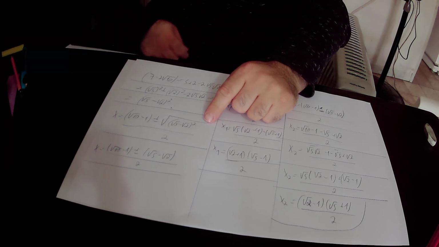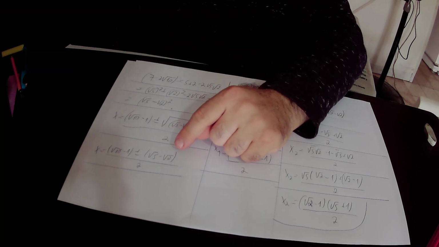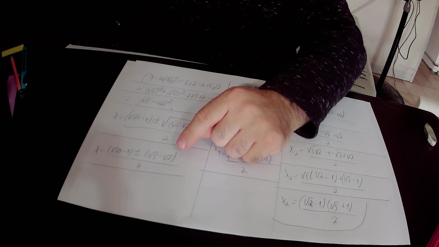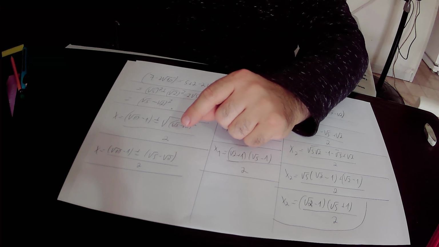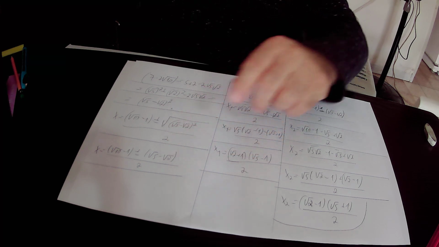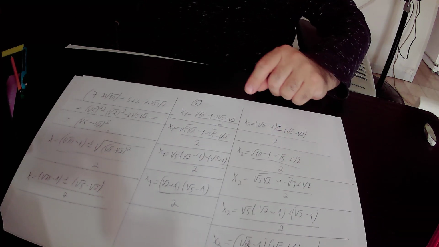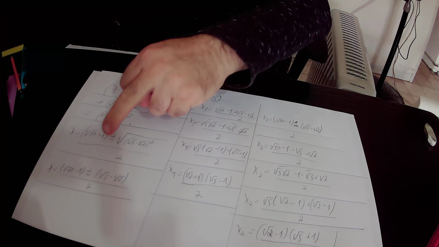Here the square cancels the root, and we are left only with square root of 5 minus square root of 2. So in conclusion we got that x equals square root of 10 minus 1 plus minus (square root of 5 minus square root of 2), over 2. And here we have two solutions that are possible because it is plus minus.